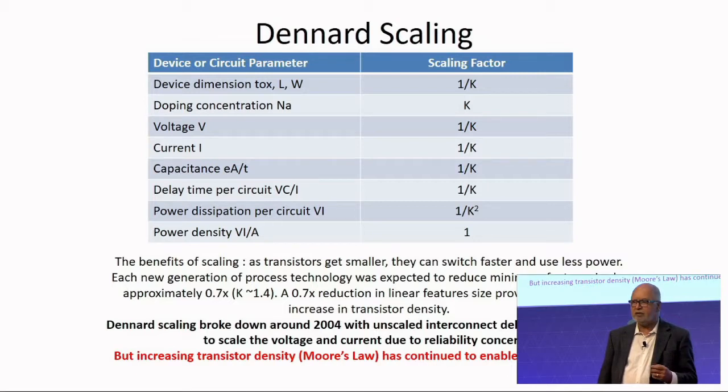The important thing is K squared is 0.7 times 0.7, which is about 0.5. Take the inverse of that, and that's 2x. So with each node, the density increased by a factor of 2.